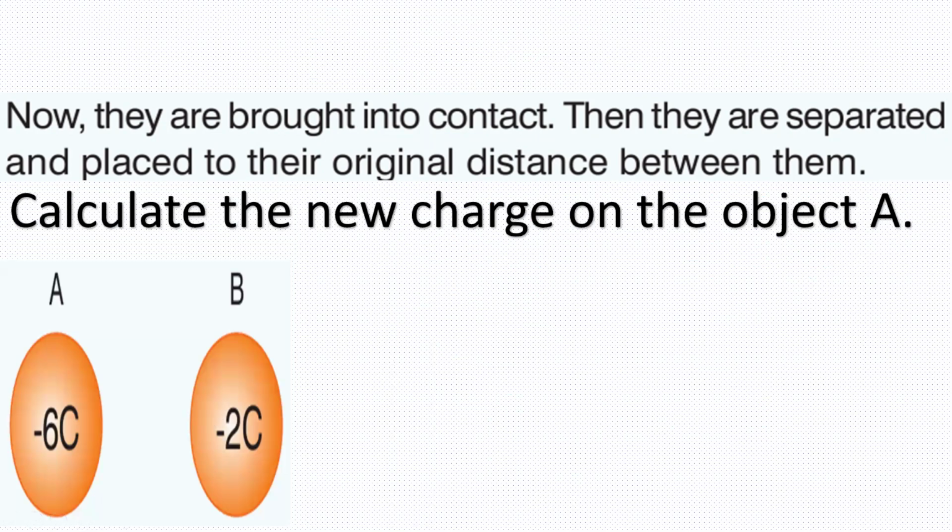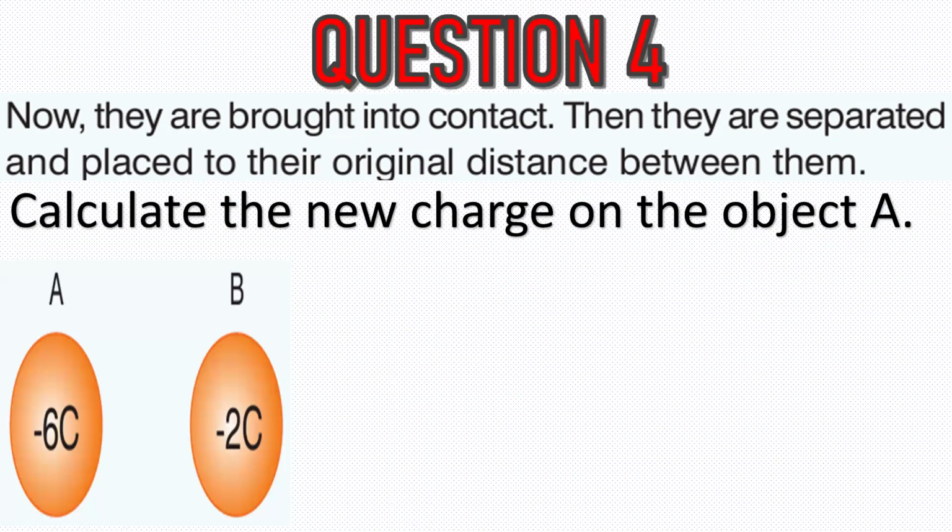Question 4, they ask you to calculate the new charge. Oh, we calculated already. Okay, no need to try this one, because we already did it in question 2. So what is the new charge for this one? Let's calculate together one more time. Q final equals Q1 plus Q2 over 2.